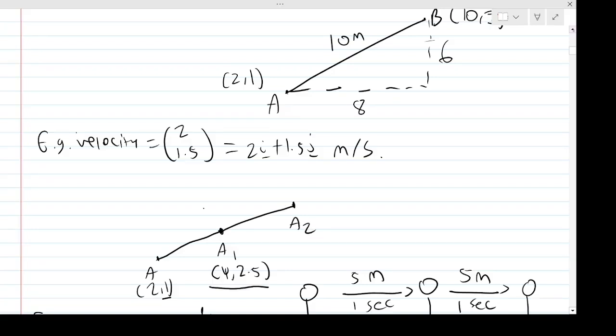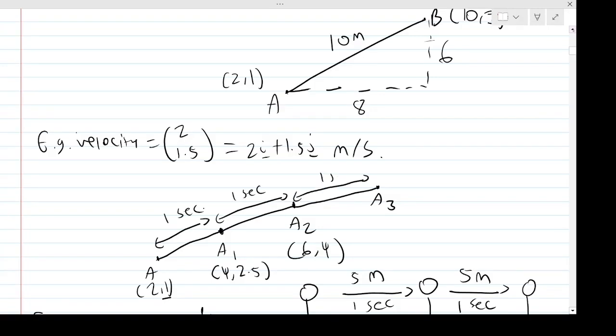From this point at A1, I need to add another 2i and 1.5j. So 4 add 2 for x will be 6, and 2.5 add 1.5 would be 4. I do the same again, so now I'm at the point A3 after 3 seconds. Again, I'm moving every second.